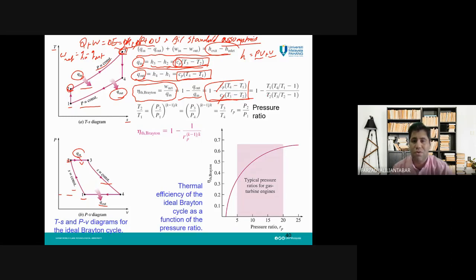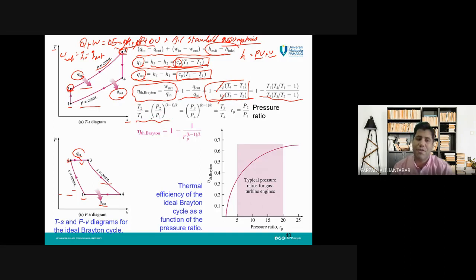Now let's continue and find out how we can make this equation easier to understand and to evaluate. If we bring out T1 from this term and T2 from this term, we will have this equation. And from thermodynamics, for an isentropic process, we have this relation between temperatures and pressures.